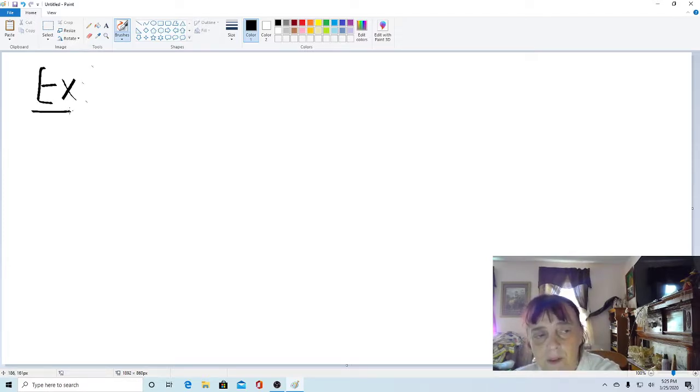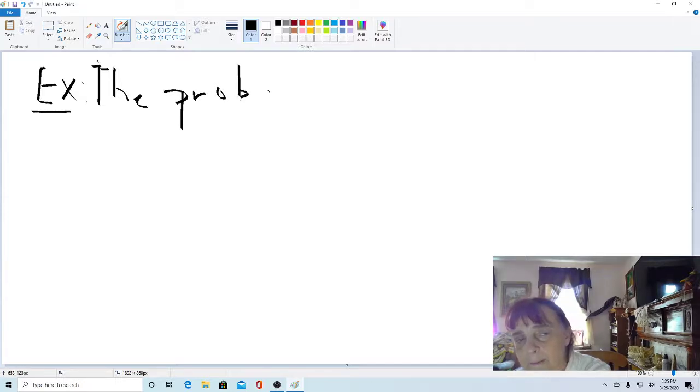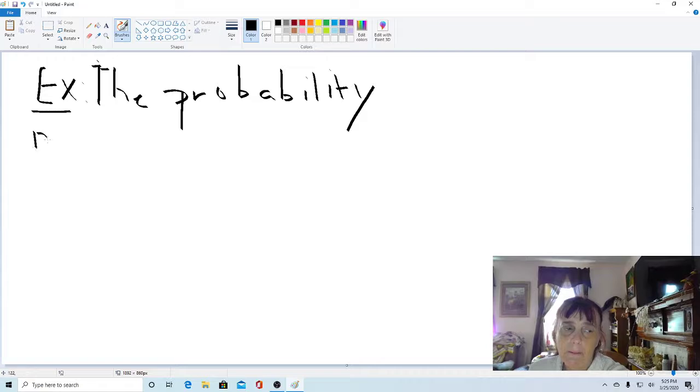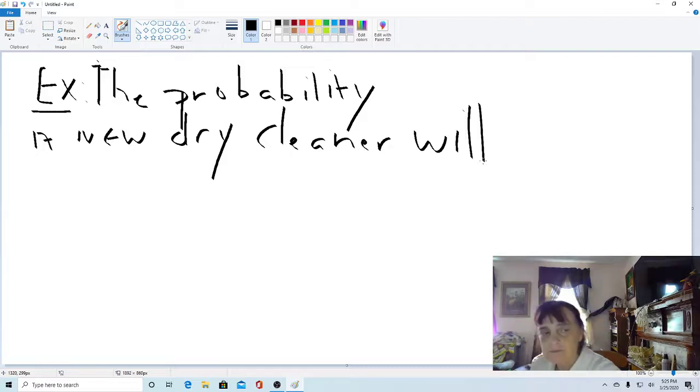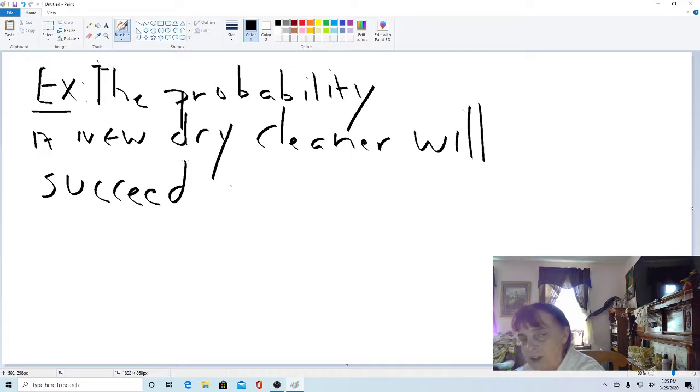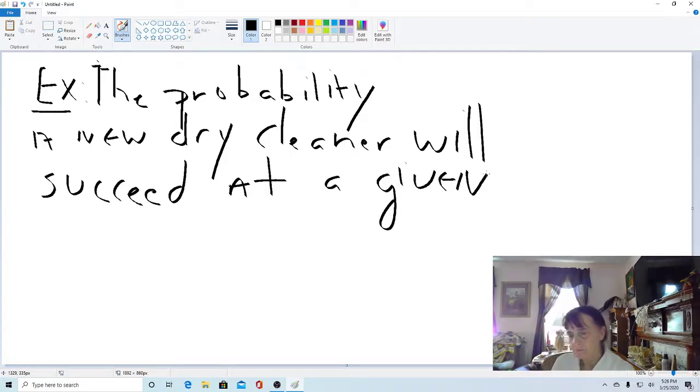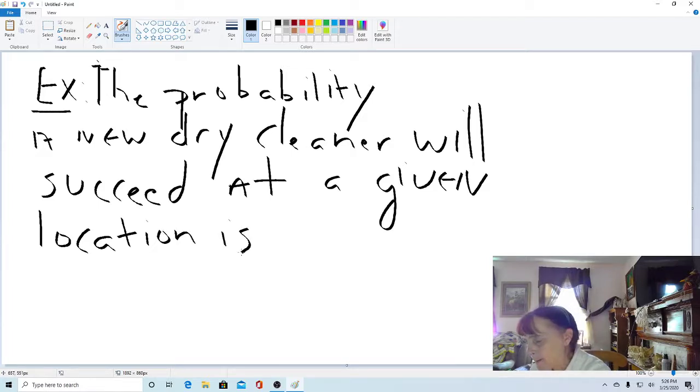Now, the probability a new dry cleaner will succeed at a given location is 0.85.